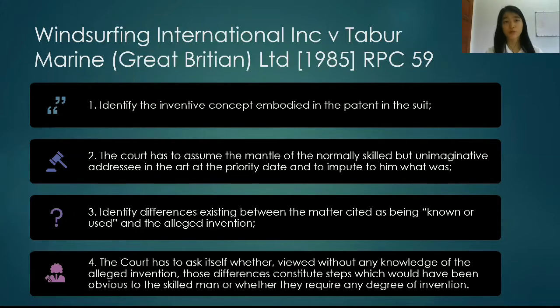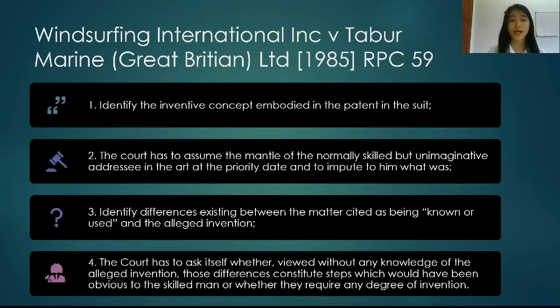And in the case of Windsurfing International versus Tabor Marine, Great Britain, the judge held that there is a 4-step test to determine the requirement. The first one is to identify the inventive concept embodied in the patent in suit.